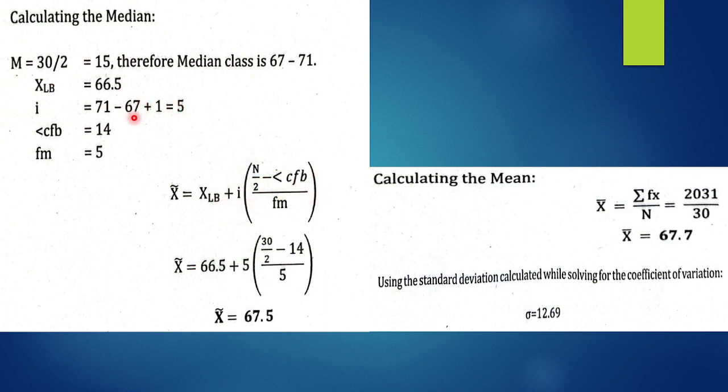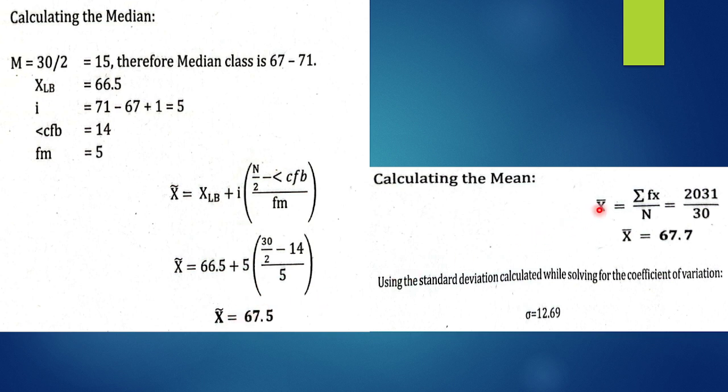And then, of course, we substitute this data here. 66.5 plus 5 multiplied to the quantity of 30 over 2 minus 14, the less CFB, and all over 5, the FM or the frequency of the median class. We can get 67.5. So we do have our median. After that we should get the mean.